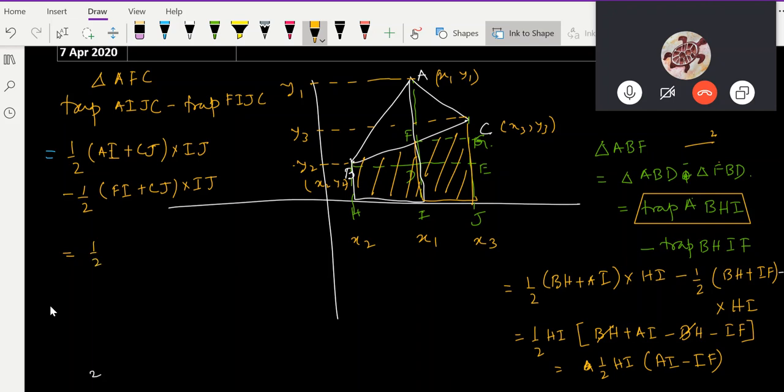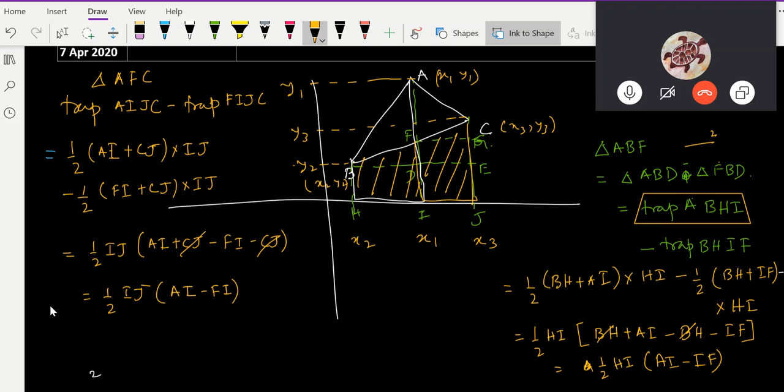So half IJ can be taken common into AI plus CJ minus FI minus CJ, right? So half IJ into AI minus FI, right?